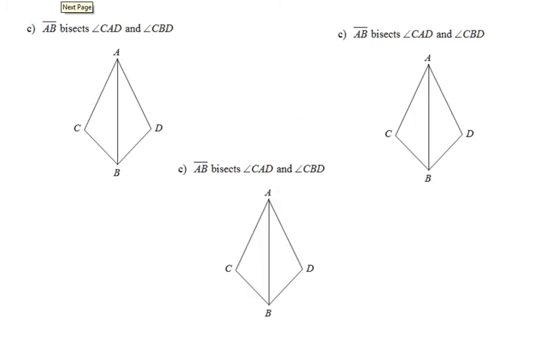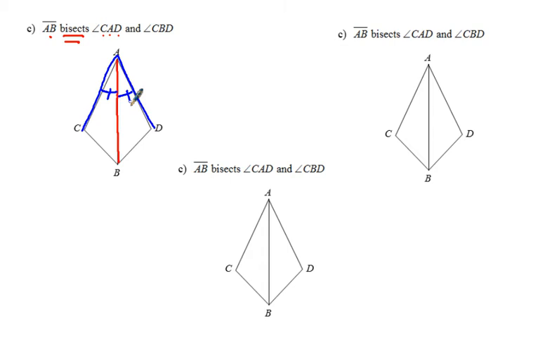Okay, let's take a look at part C. Here we're given that segment AB bisects angle CAD, and what that means is that it cuts that angle into two equal parts. We'll make that visual with the tick marks.